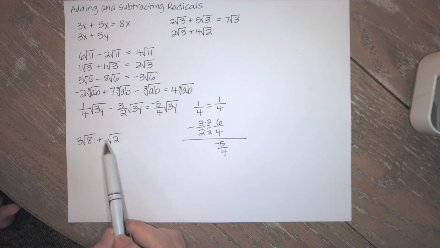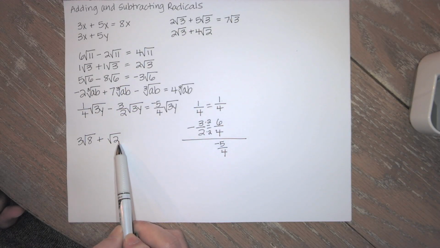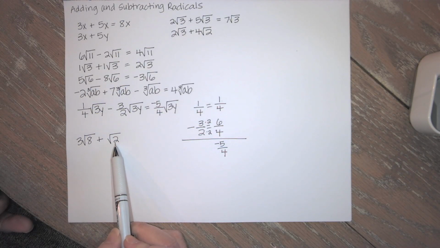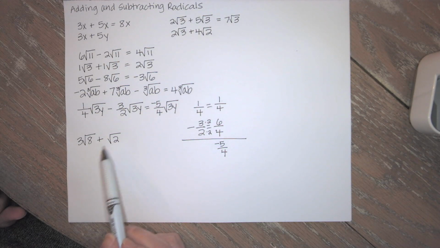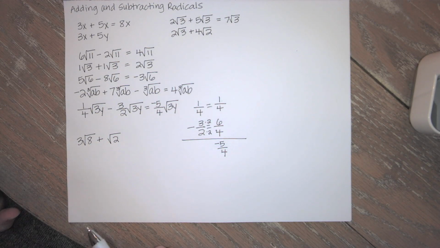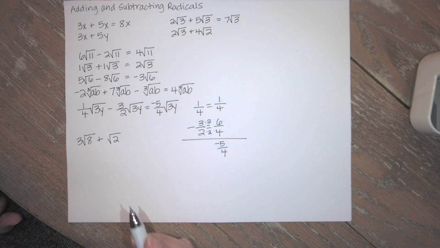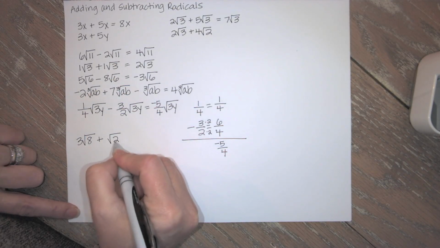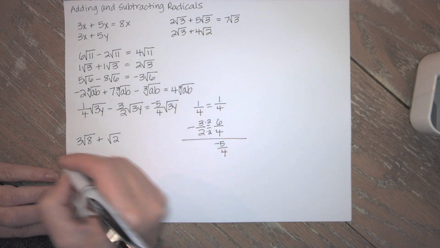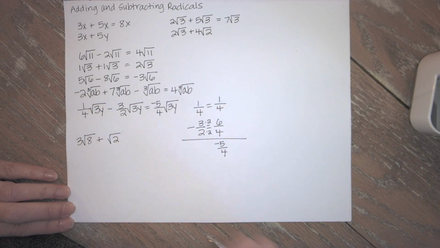However, if either one of these radicals will simplify, or both will simplify, we need to simplify them if possible, and then re-examine the problem to see if we can combine anything, because sometimes after you simplify you may end up with like terms. Now 2 will not simplify, but 8 will, and there are 2 ways that you can think about simplifying the square root of 8.